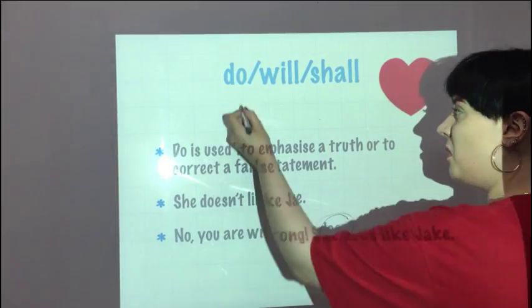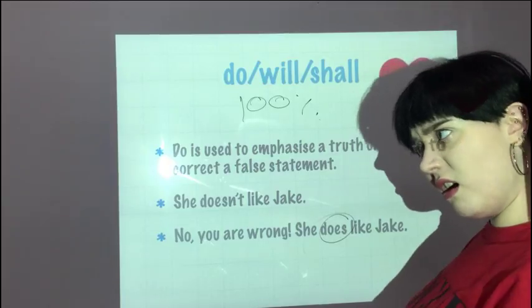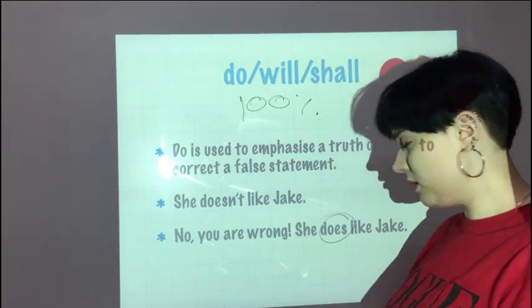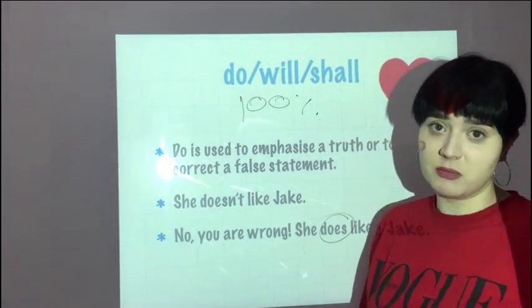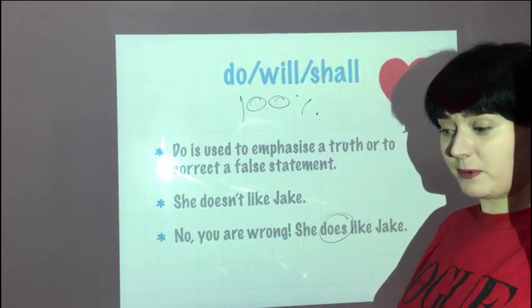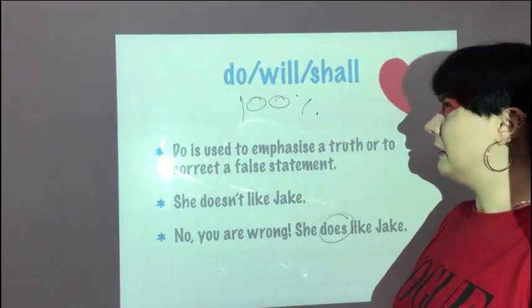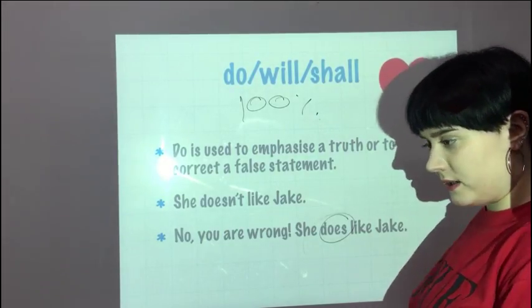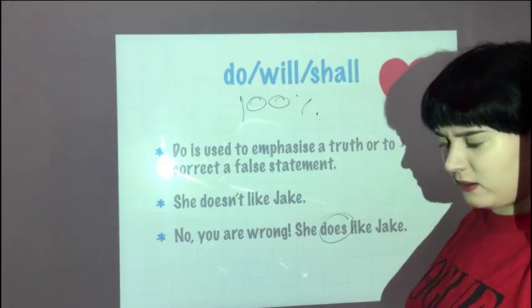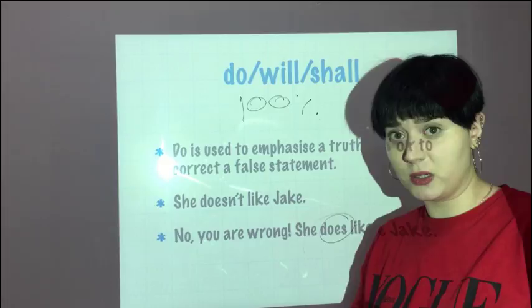Does this seem like 100% sure to you? When I say, "Oh, I'm not sure, I think she might like him, maybe." Or, for example, you have to buy a present for Jake, and Jake really likes cars. Of course you cannot buy him a big car, but let's say you want to buy him a little model.